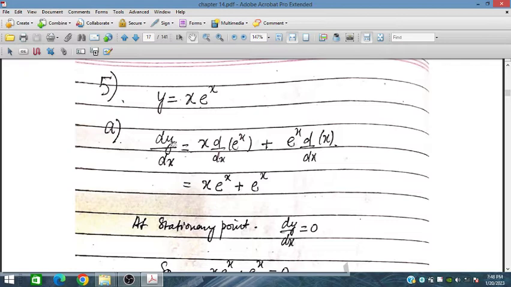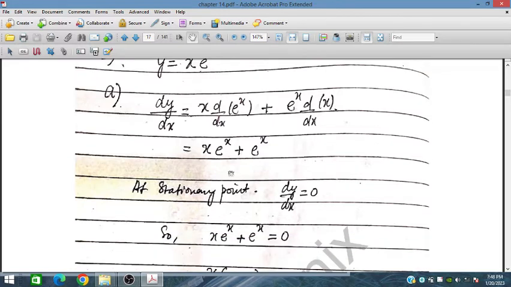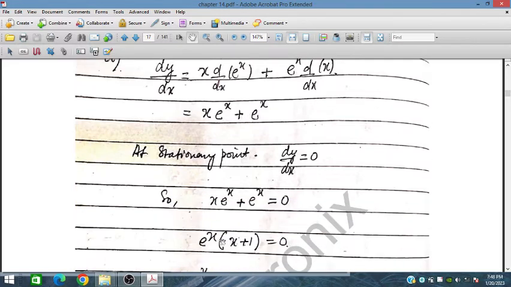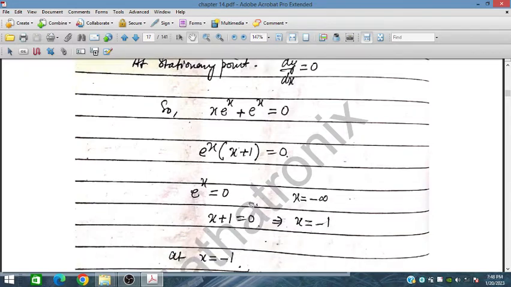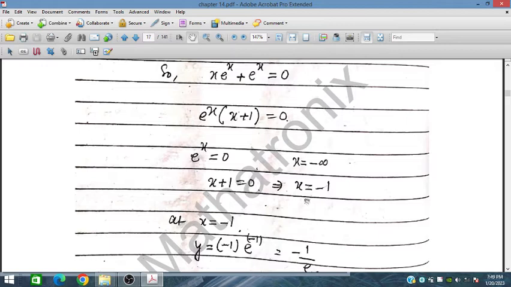So when we take this differential as 0, e power x times x plus 1 is 0. So either e power x is 0 or x plus 1 is 0. e power x is 0 means x tends to minus infinity, when this becomes 0. Or x plus 1 is 0, so x is equal to minus 1. So there are two possibilities: x tends to minus infinity, or x is equal to minus 1.